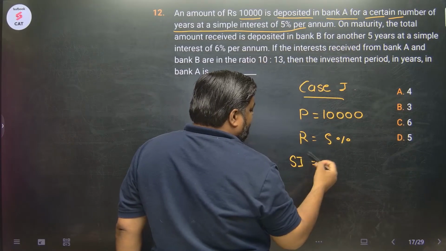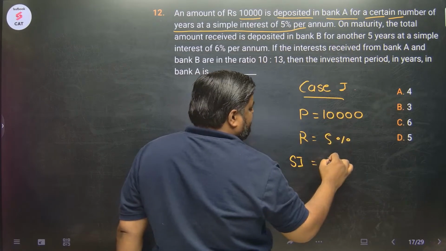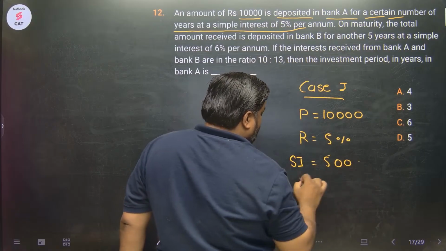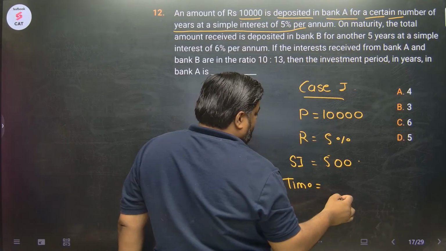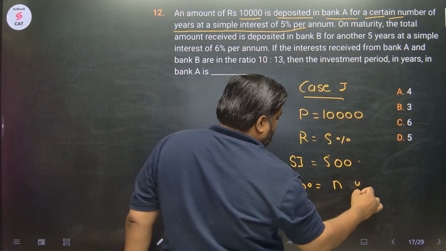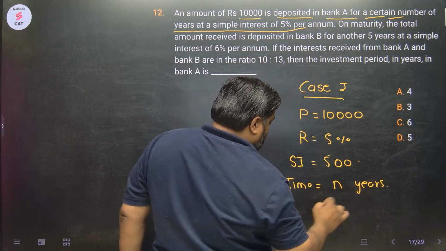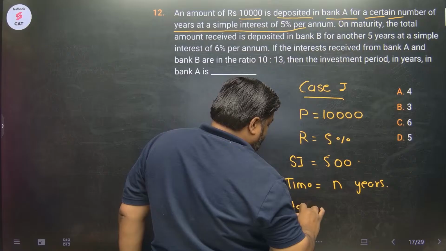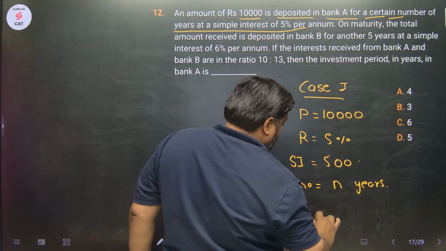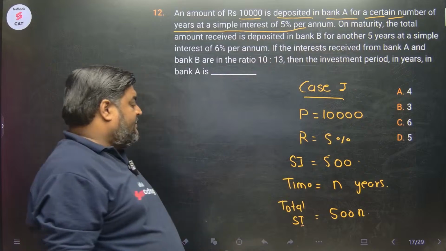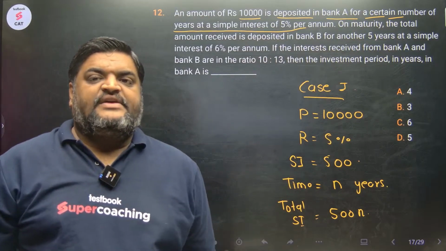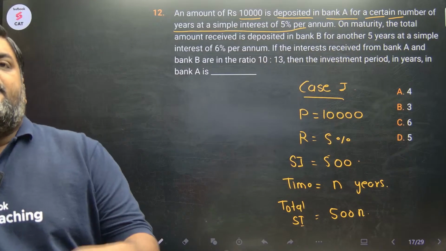SI for 1 year is 5% of this, 500. Time given नहीं है. Let's say it is n years. तो total जो interest मिला, total SI would be 500n. हाँ या ना?